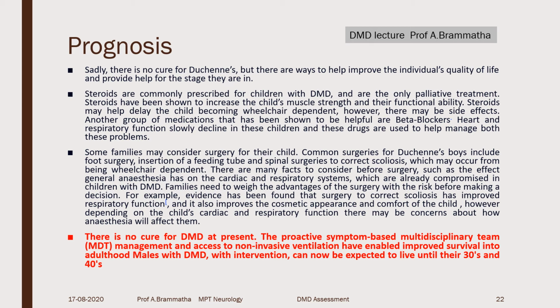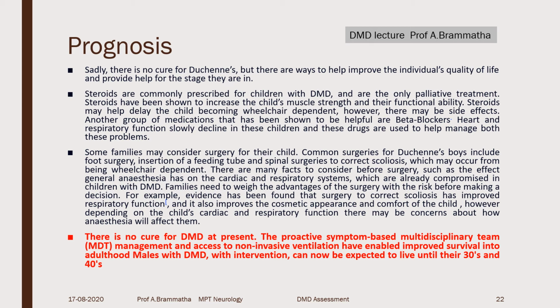So prognosis, sadly, there is no cure for Duchenne's, but there are a lot of ways to improve the quality of life and to increase the survival of the child. Steroids are commonly used, and in the ambulatory stage, the primary aim is to keep the child ambulatory as long as possible.